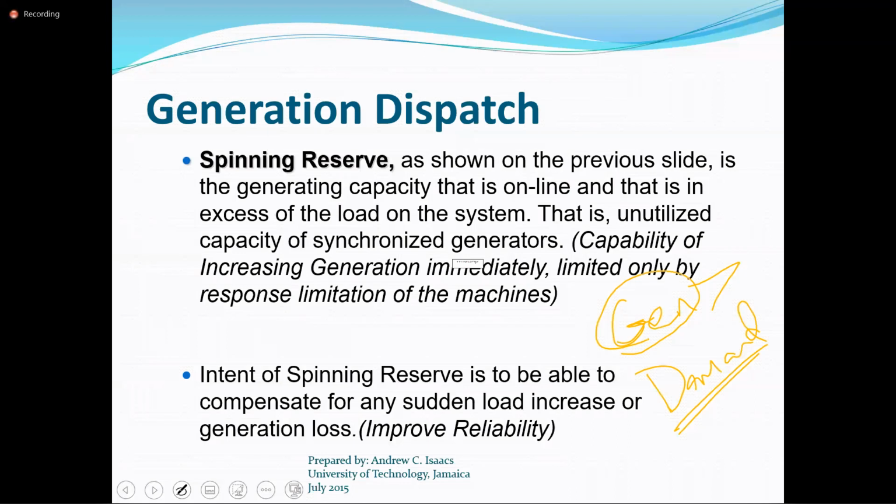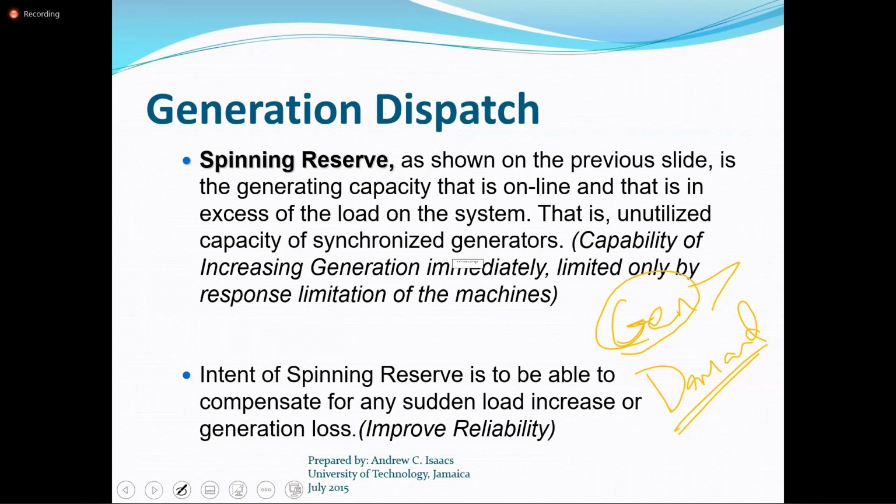You can lose a generator for several reasons. It could even be human error. If you lose a generator, you want to have that margin to ensure that the total generation on the system will still be higher than the total demand.